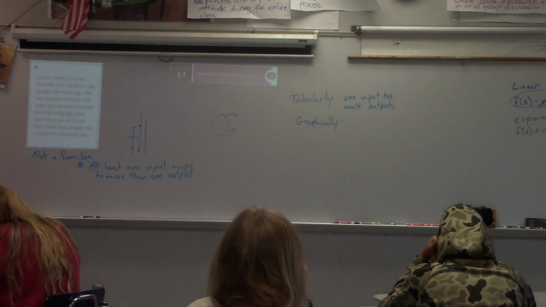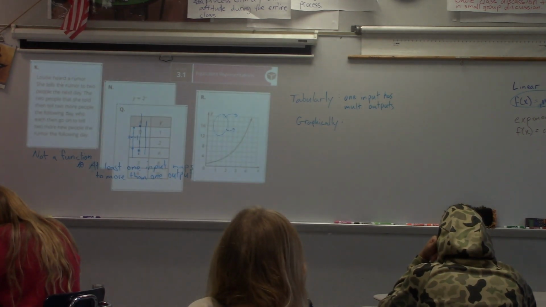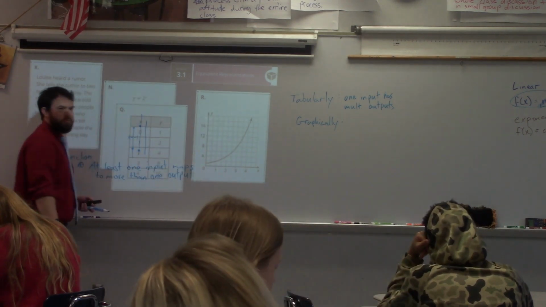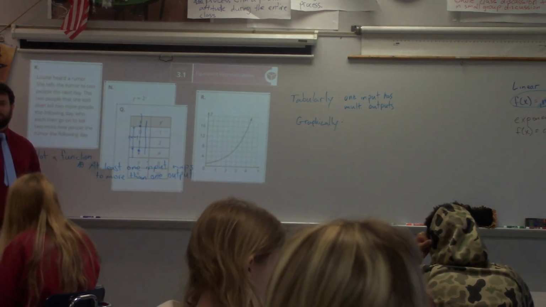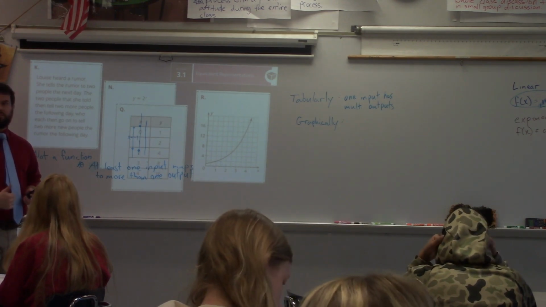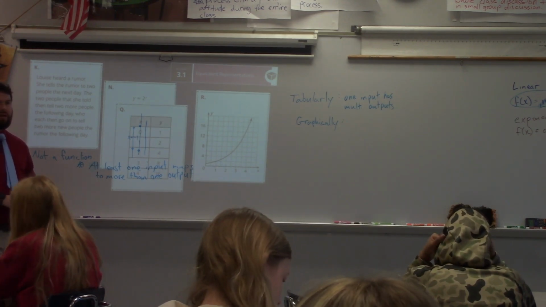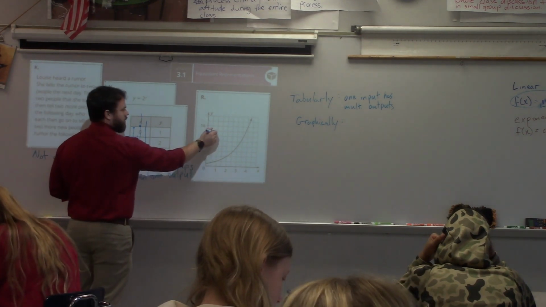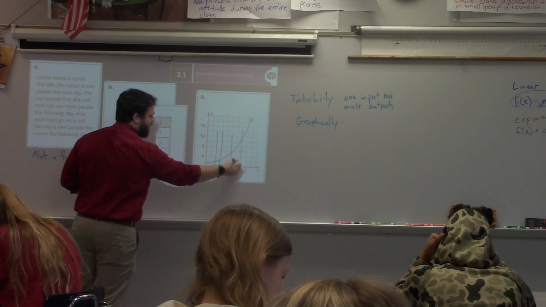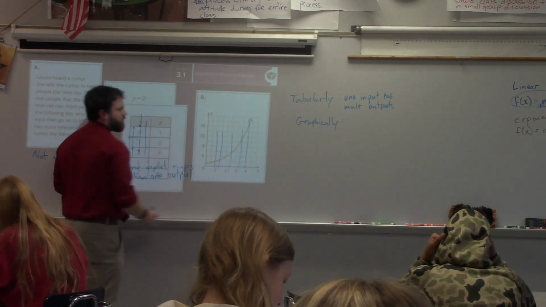I'm going to come back to this in a second. Okay. I want you to look at this graph right here. That's exponential. Any questions about that? Are we good with that graph being exponential? Okay? This is a function, right? Exponentials are functions. How can I tell graphically that it is a function?